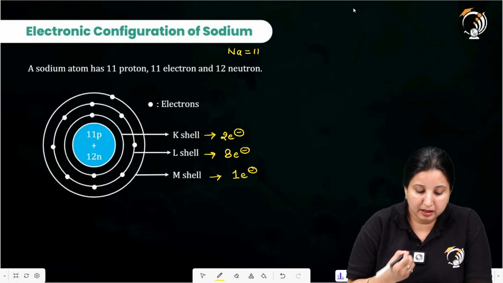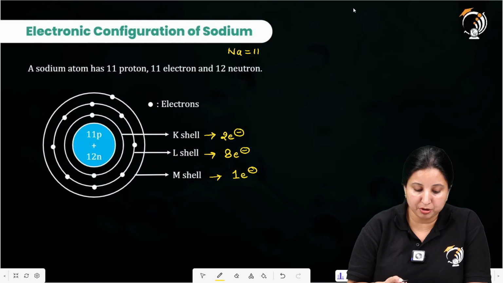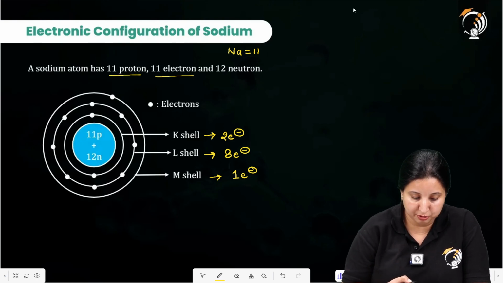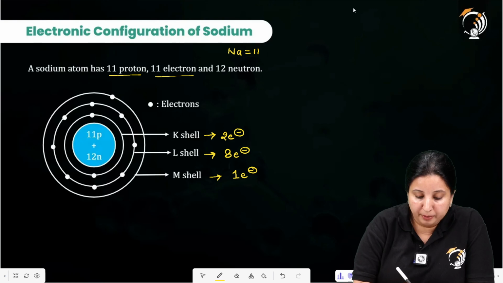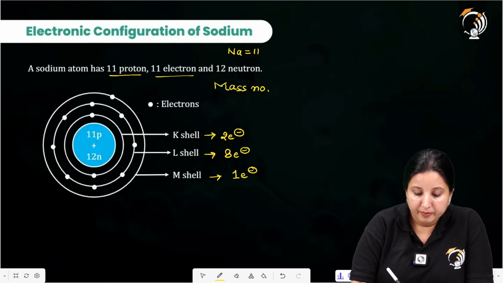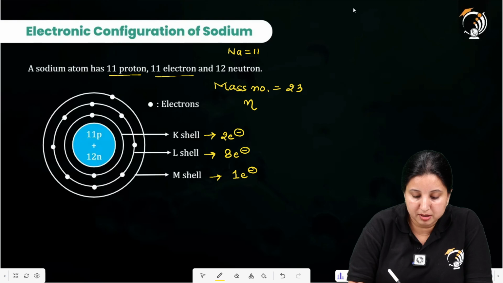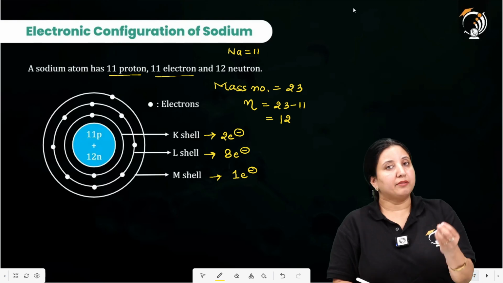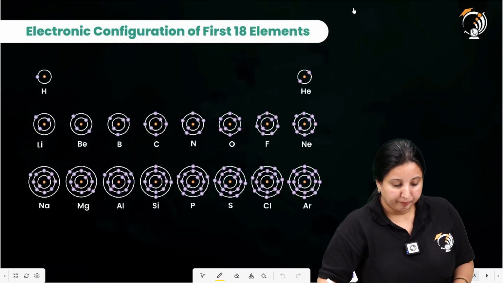So basically the number of electrons and number of protons are equal, so we are going to have 11 protons and 11 electrons. And if I talk about the neutrons, look, the mass number of sodium is 23. So what you can do for neutrons is 23 minus 11, which is 12. So that is how we have the 12 neutrons.